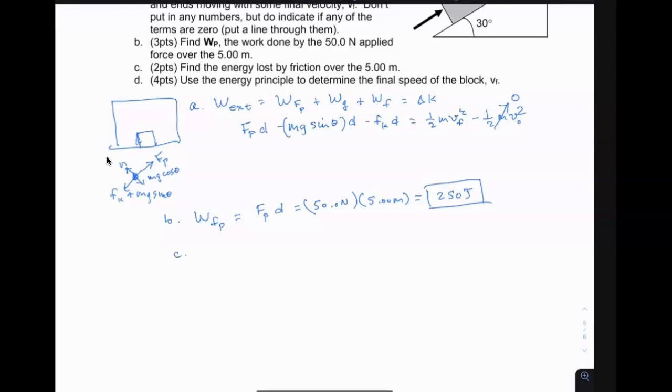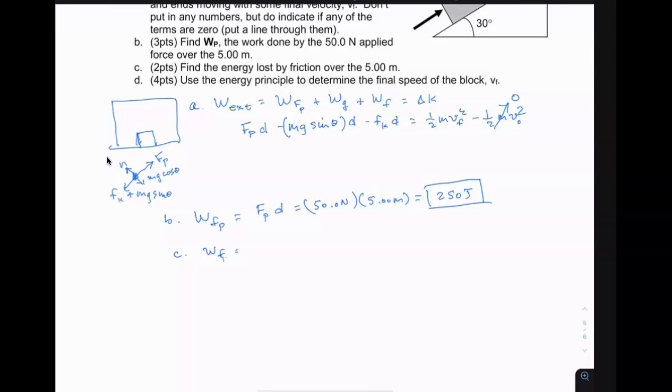Part C asks, find the energy lost by the friction over the 5.00 meters. So that's what is the work done by the friction.